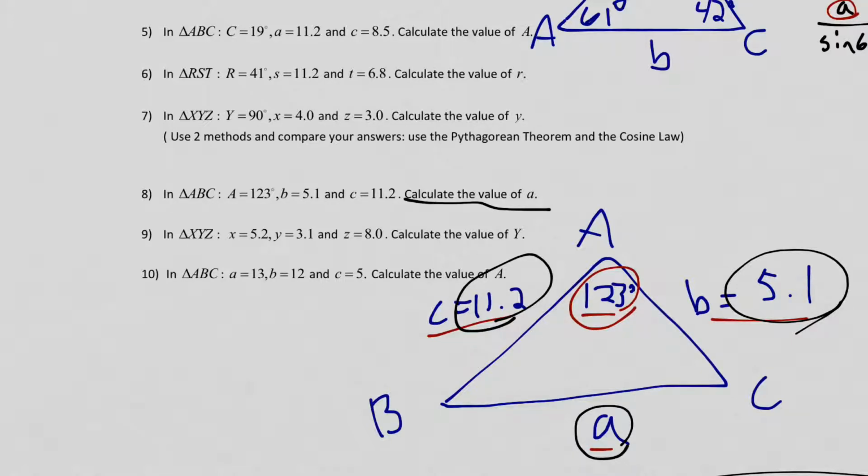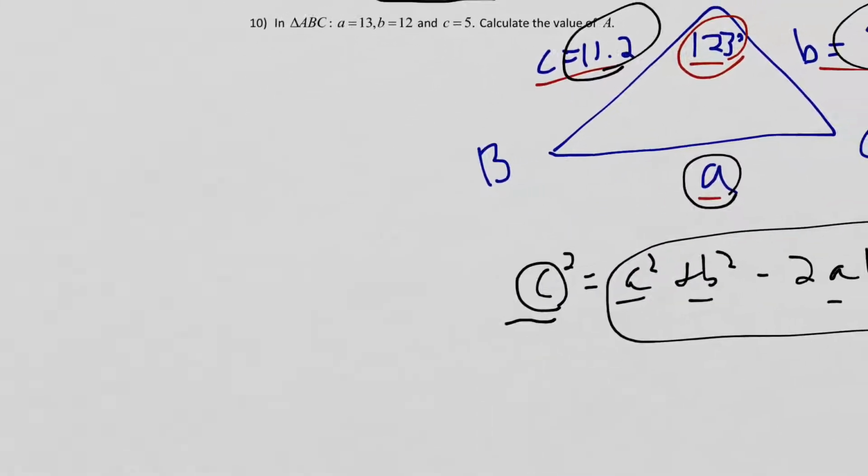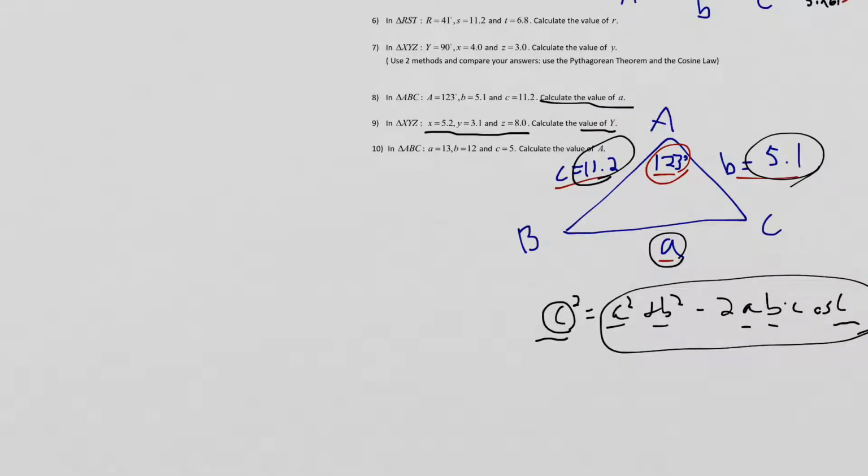One other one that I wanted to point out is in question number 9, you'll notice that you have 3 sides, and when you have all 3 sides and you're asked to solve for an angle, that's when you'll be using the second version of the cosine law, which is cosine of C is equal to a squared plus b squared minus c squared over 2ab.